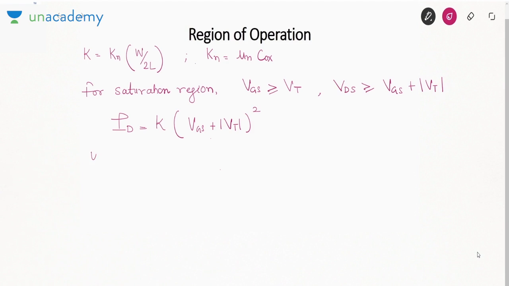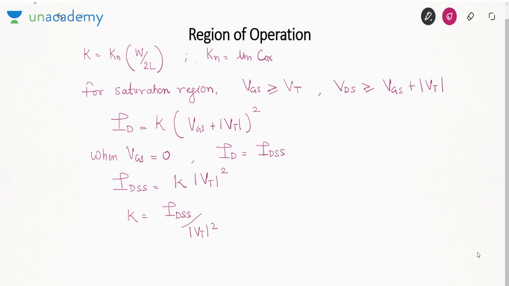Now I showed you that when VGS is 0, the drain current is called the saturation current, IDSS. So IDSS is K mod VT square. That means K can be written as IDSS by mod VT square.